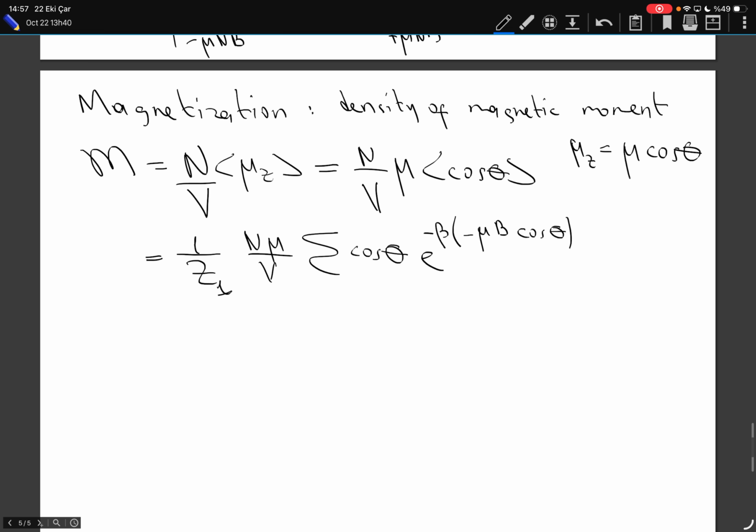Well, then what I can do is, this is nothing but 1 over Z1 and mu over V, derivative with respect to beta of e to the power beta mu B cosine theta.